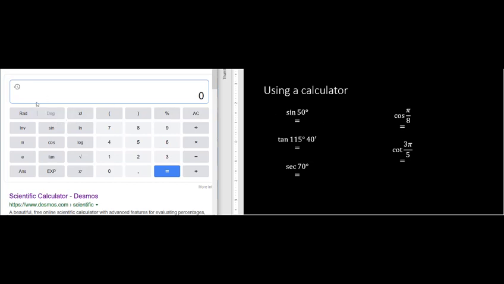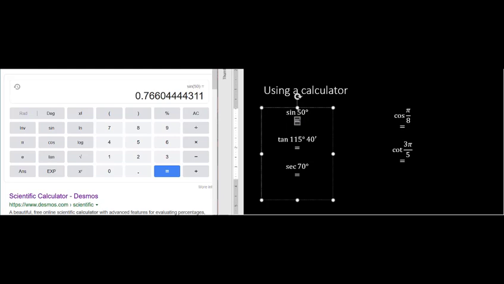We're in degree, so click degree. We're trying to do sine of 50 degrees. So you press sine, then type in 50, and then press enter, and that gives you your answer, which we'll type in here as well. The answer is 0.766. So that's the first one.